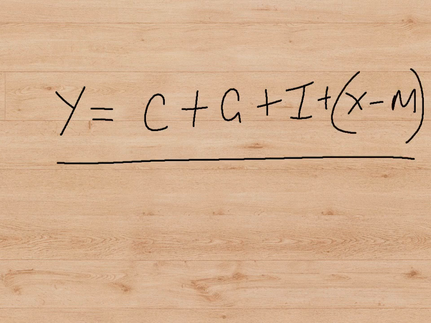The reason it's an important equation is that one of the aims that we have is to make the national income rise over a period of time. This is called economic growth.